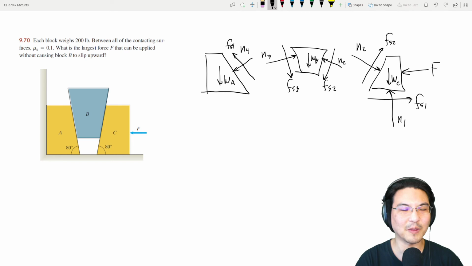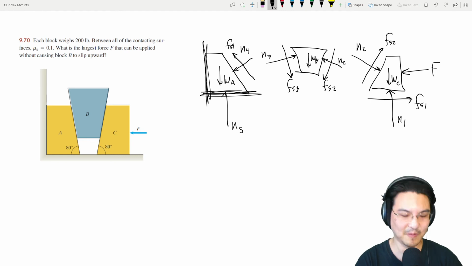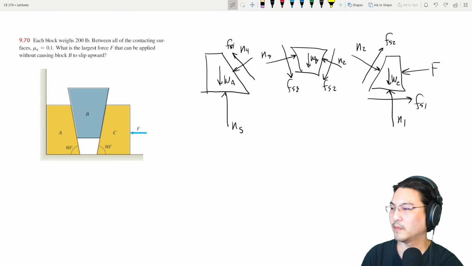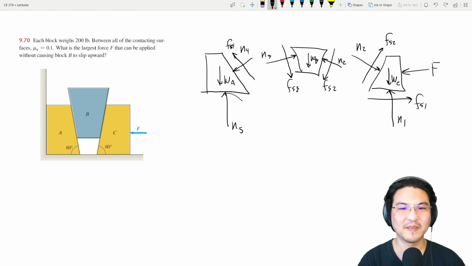And it's in contact with the ground. But it's not moving, so there's no friction here or here. So that's it for block A. All right. Oh, I forgot that it's in contact with the ground, but I also forgot the wall over here. There's the wall. Okay.